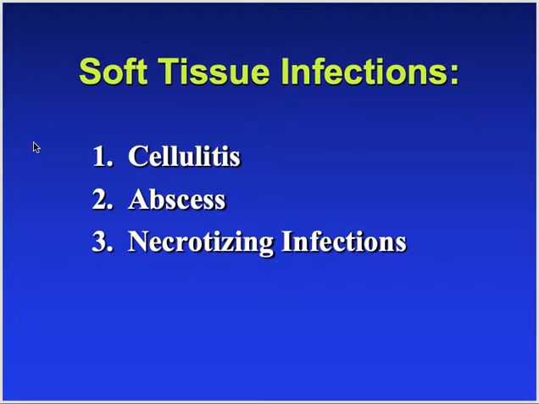Whereas furuncles or boils may require a surgical incision and drainage, plus antibiotics, of course. But then there are some aggressive soft tissue infections, which are rare and difficult to diagnose.